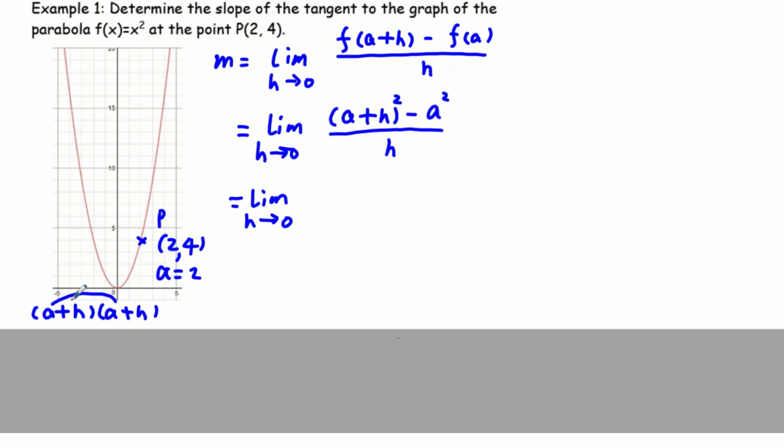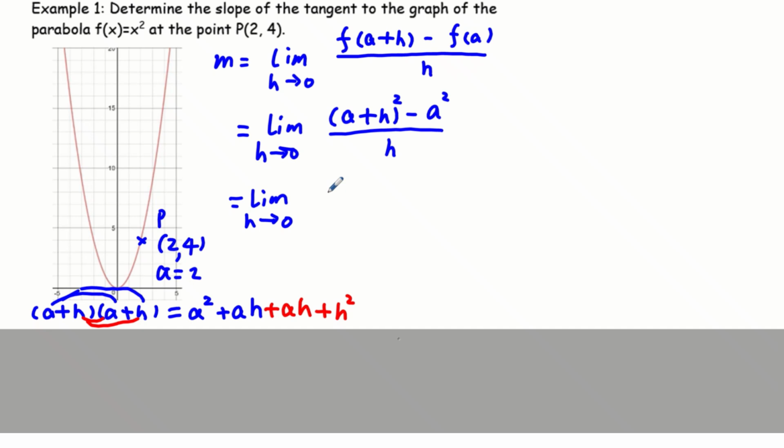Then the first term in the first bracket times each term in the second bracket. So we have a squared, plus a times h is ah. Then we use the second term in the first bracket times each term in the second bracket. So we have h times a is ah, h times h is h squared.